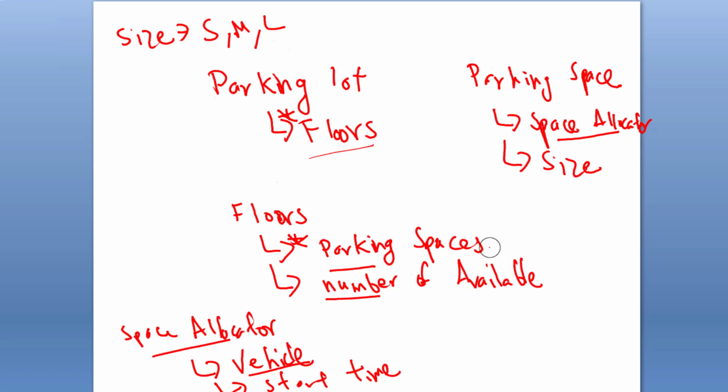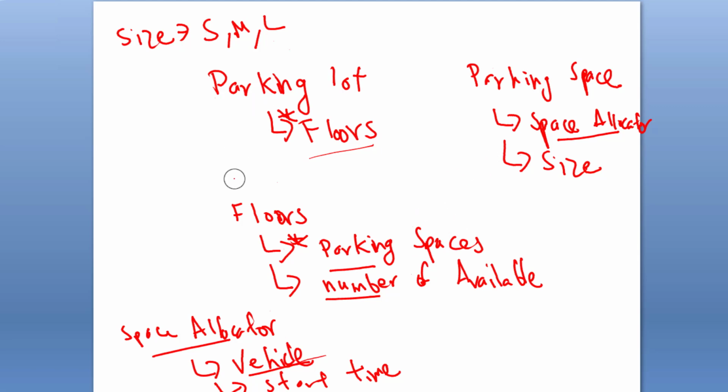And a parking space will have a space allocator class and also its size enumerator, which can be small, medium or large. And the space allocator will be responsible to hold the data of the vehicle that is inside of it and also this start time. We could have easily removed this space allocator, but from a proper design perspective, we are making it, normalizing this outside the parking space class.